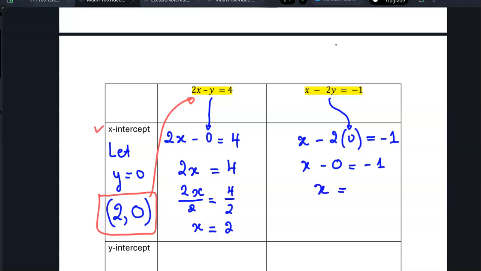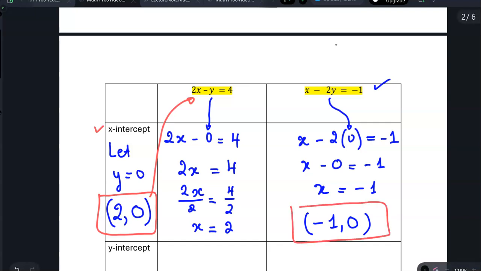So x is equal to minus 1. Therefore, the x-intercept for this equation will be minus 1 and 0 as an ordered pair. So, okay, we circle that. So that belongs to this equation right here.